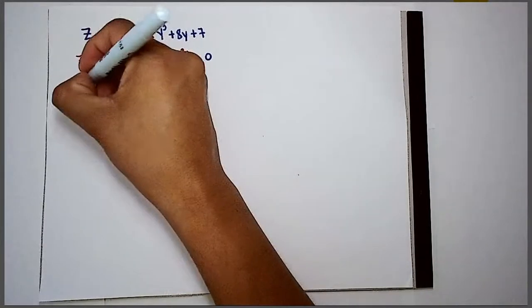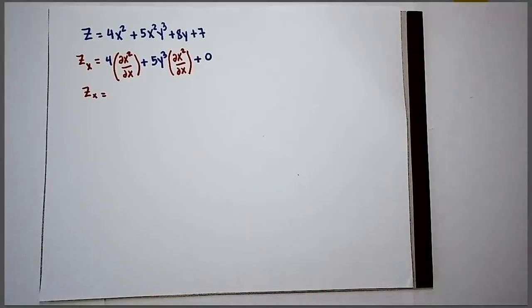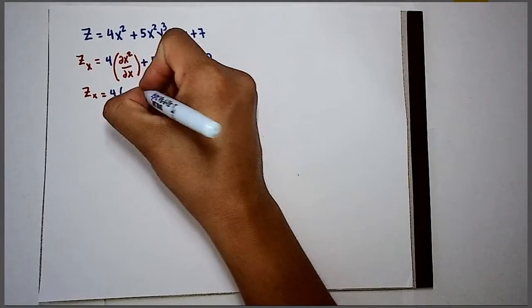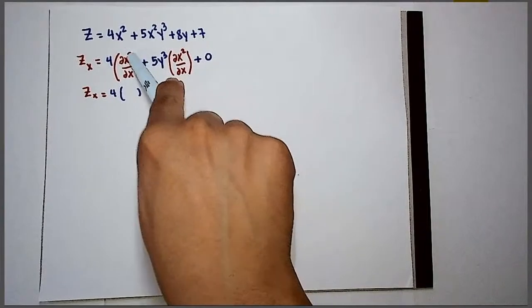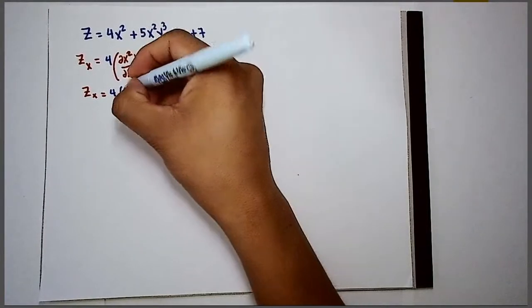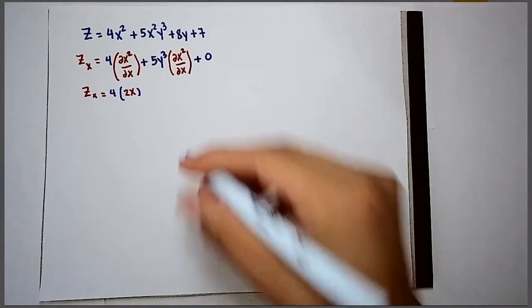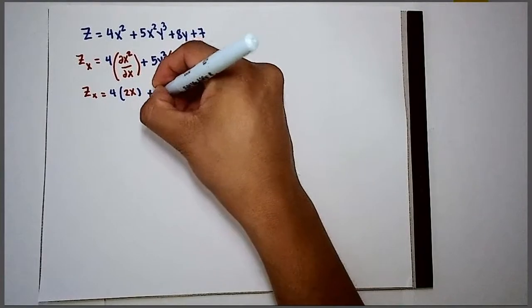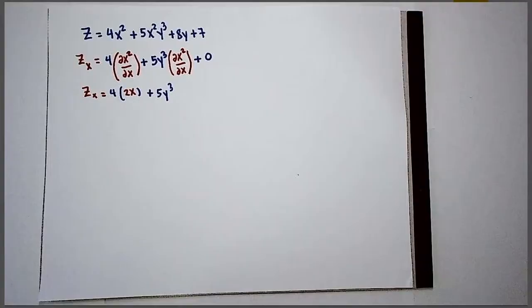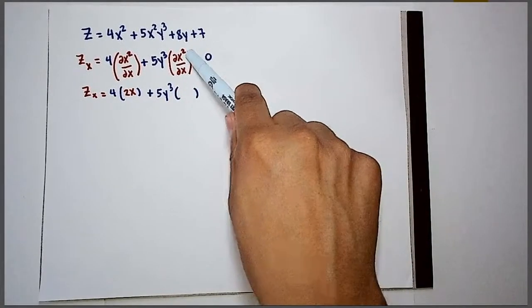Then zx is equal to 4 times the derivative of x squared with respect to x, which is simply 2x, plus 5y cubic, and the same thing here.